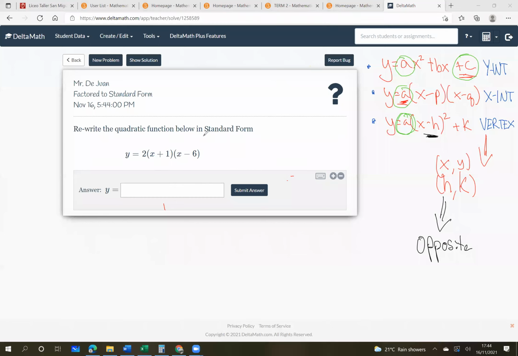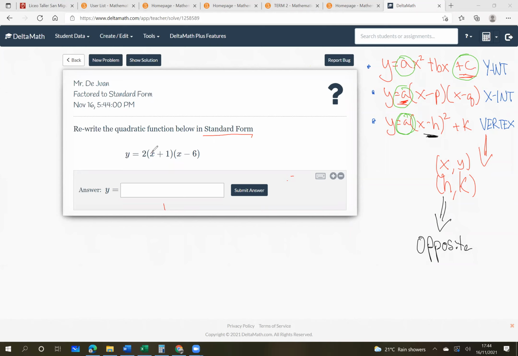Rewrite the quadratic in standard form. So it's telling us that we're going from factored form, which tells us about the x-intercepts, into standard form. You already did this skill, I hope, in the previous one that we've just done.